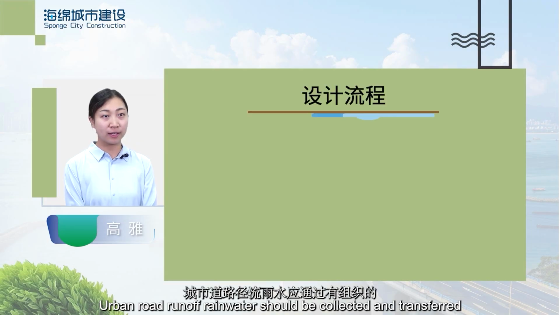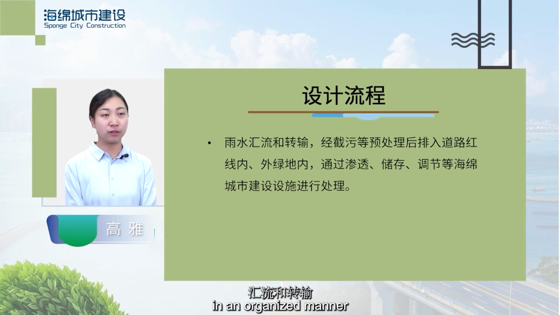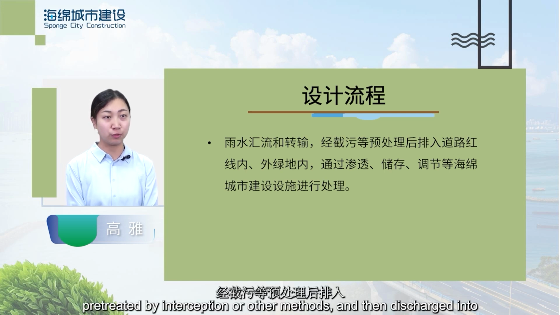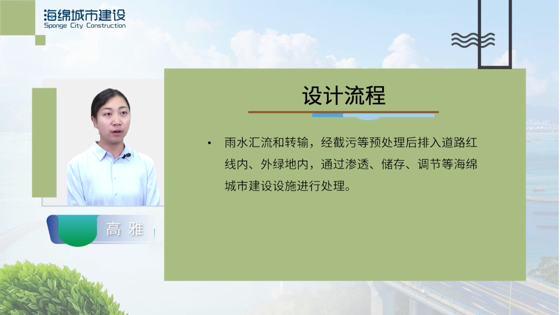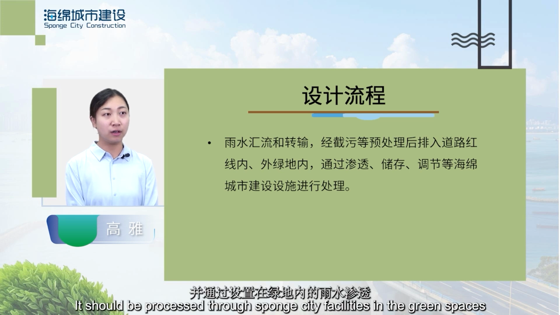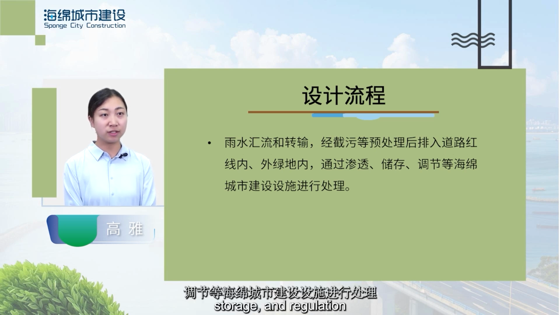Urban road runoff rainwater should be collected and transferred in an organized manner, pretreated by interception or other methods, and then discharged into the green spaces within or outside the red line of the road. It should be processed through Sponge City facilities in the green spaces, such as rainwater infiltration, storage, and regulation.